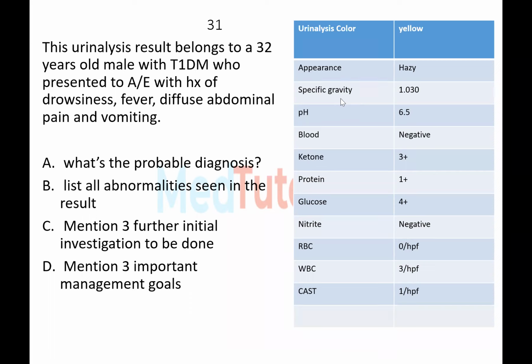Otherwise you just give insulin. You also correct electrolyte imbalance. So those are the 3 major things that you will do for the patient. Other things will include use of anticoagulants because there's risk of deep venous thrombosis. All right, next slide, sir.